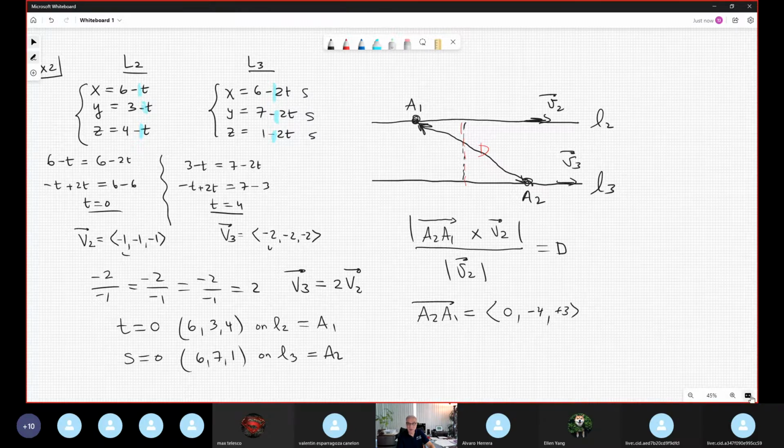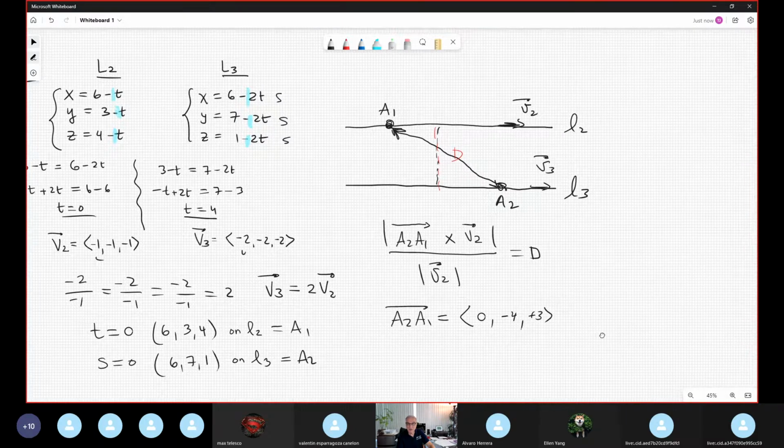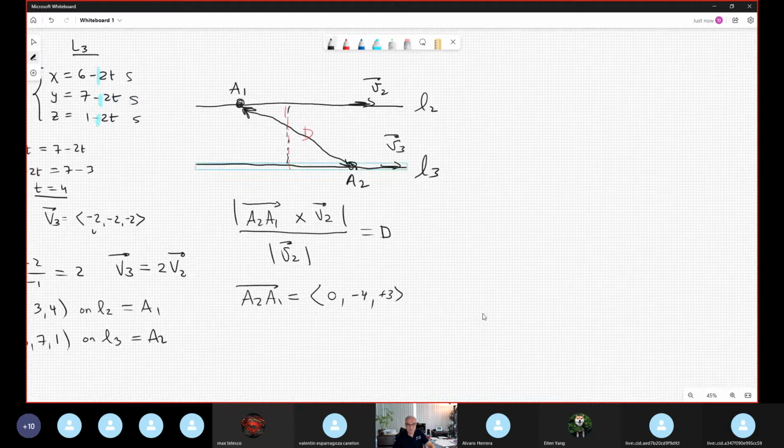Okay, now the most important moment, the formula. You perform the cross product between this vector and the vector B2. The vector B2 was, I don't remember, negative 1, negative 1, negative 1, I guess so, but let me check.